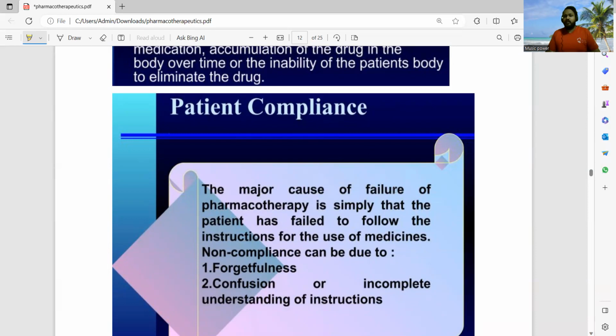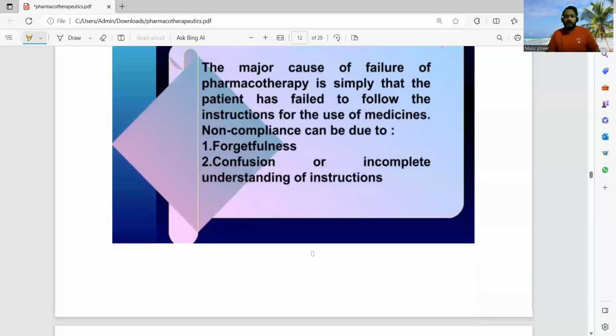The major cause of failure of pharmacotherapy is simply that the patient has failed to follow the instructions for the use of medicine. Non-compliance can be due to forgetfulness of the patient, confusion, and incomplete understanding of the instructions given by the medical staff to the patient.